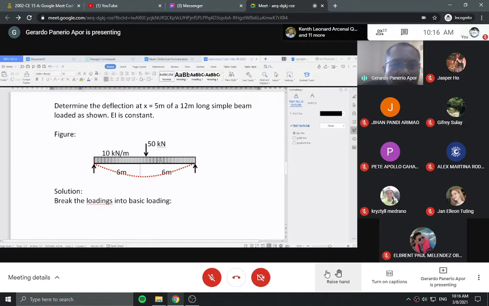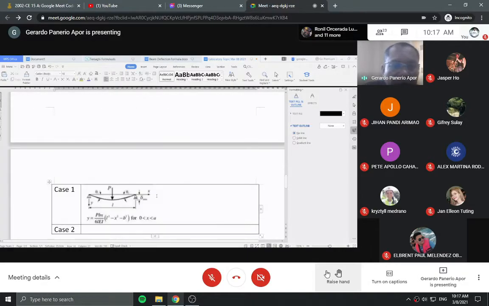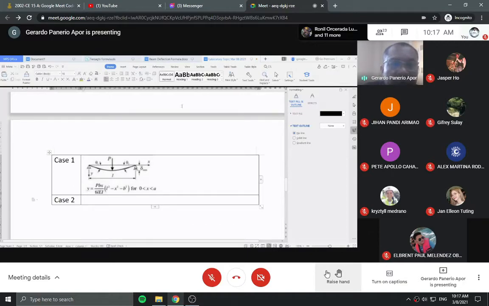But if you see it in the table, there is no such thing as a combined concentrated load and uniformly distributed load. That's why I say here to break the loadings into two basic loadings. For case number 2, it will be like this.